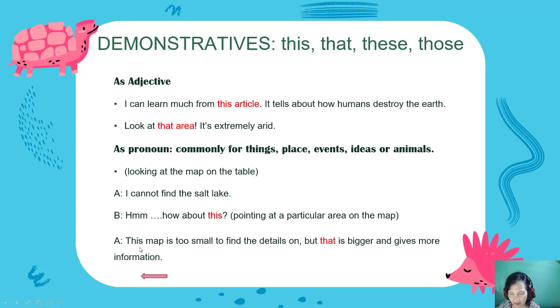Okay, see the other. This map is too small to find the details on, but that is bigger and gives more information. So this map and that map. I just want to compare the position of the map. This is nearby and that is farther.